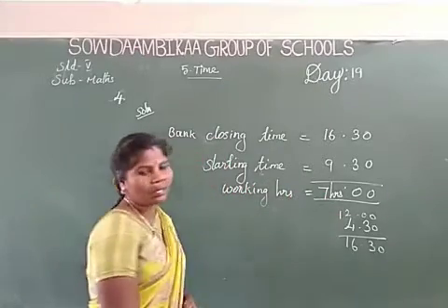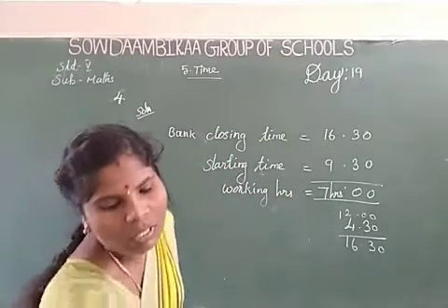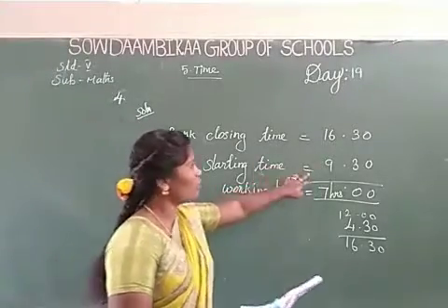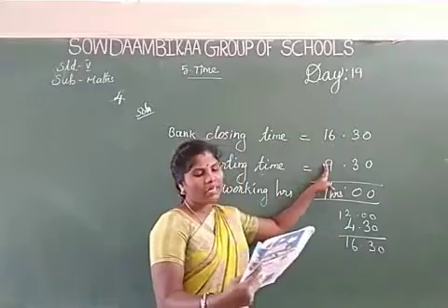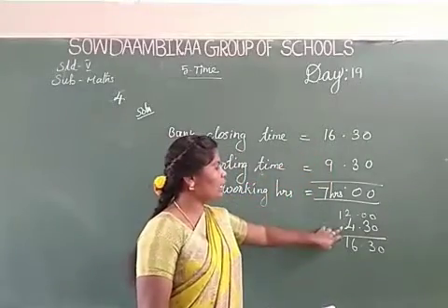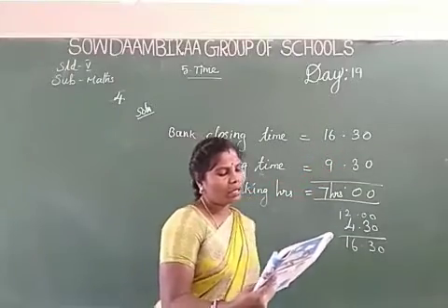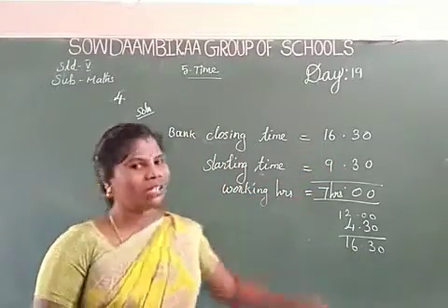See once again the fourth sum. A bank works from morning 9:30 to evening 4:30, given in standard time. You convert to railway time, 16:30. So the working hours of the bank are 7 hours.